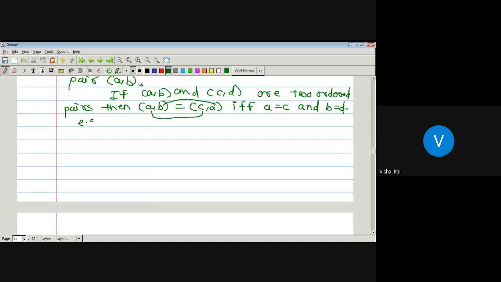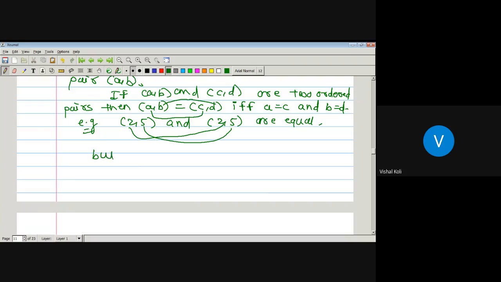For example, the ordered pairs (2, 5) and (2, 5) are equal, since here 2 is equal to 2 and 5 is equal to 5.